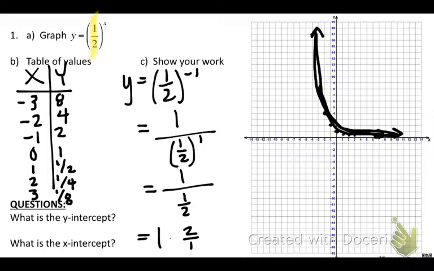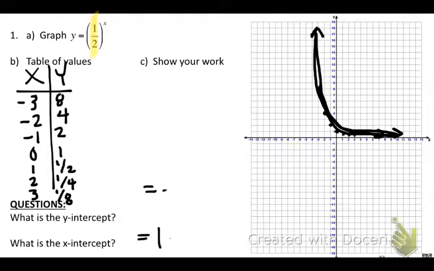Okay, so down here at the bottom of the page, again, pause the video anytime you need to. Now at the bottom of the page there are 2 questions. What is the y-intercept? Well, I know that the y-intercept is where it crosses the y-axis, and that was the point 0, 1. We have it right here.